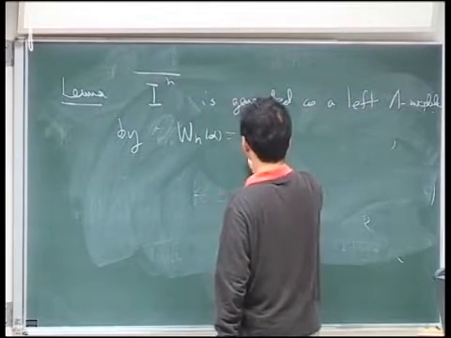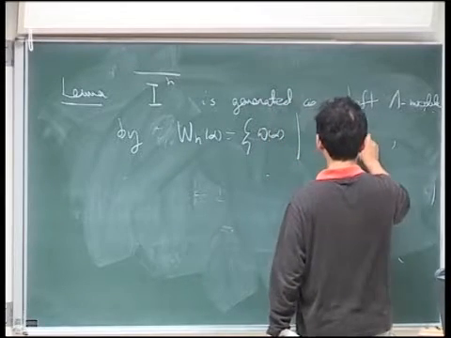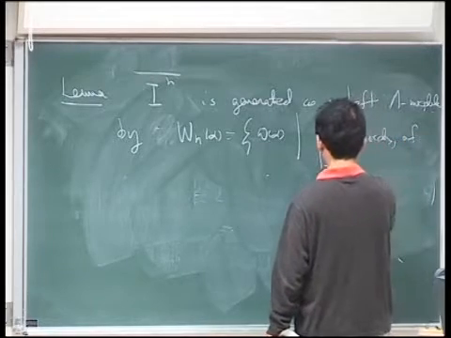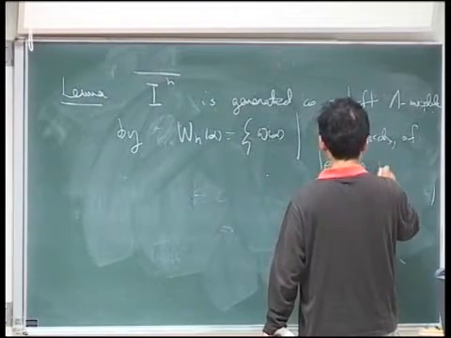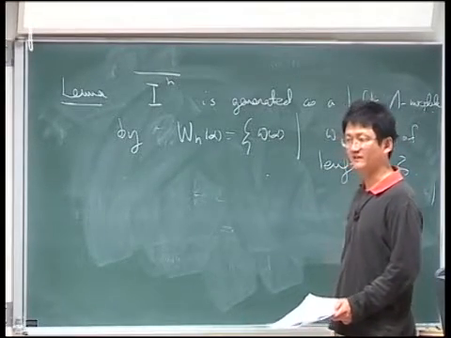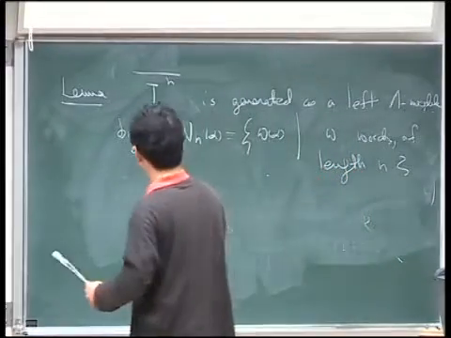This is a collection of w(alpha), where w is a word of length n. So the words in the alpha_i of length n generate the I^n.